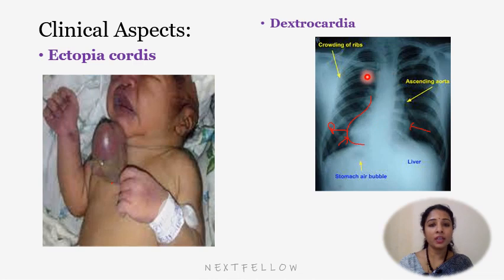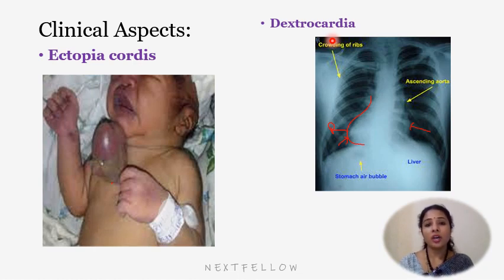This is a very rare congenital anomaly in which the heart points towards the right side of the chest instead of the left, and it occurs if the heart tube bends to the left instead of to the right. Instead of dextro looping, if it loops to the left side, then it results in this formation. So the heart is displaced to the right, and there will be transposition as well.